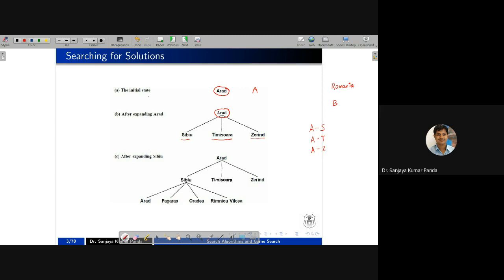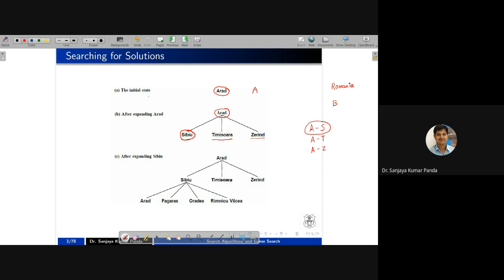expand that particular city. For example, I found that the distance between Arad to S is closer in comparison to A to T, A to Z. That's why I have selected S as my neighbor city of Arad.